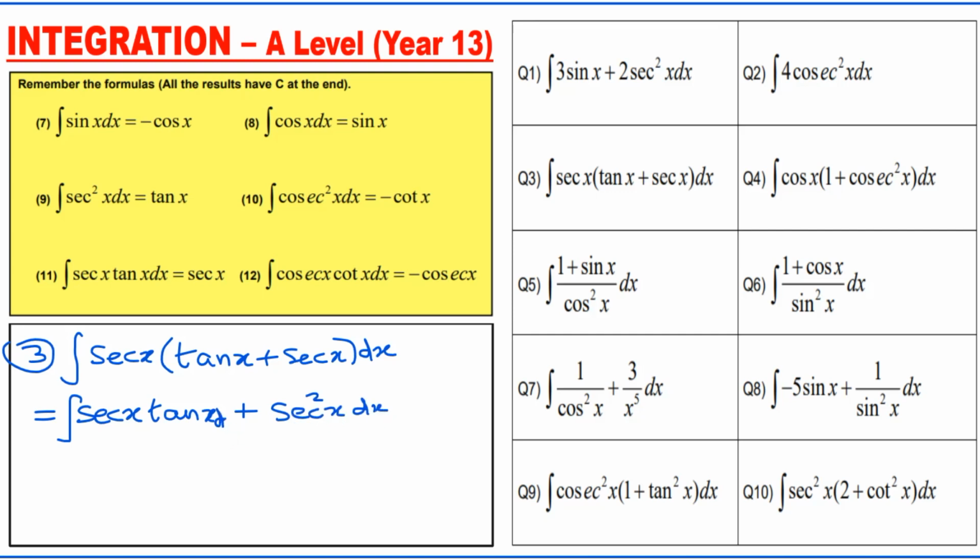So integrating sec x tan x gives sec x, plus integration of sec squared x is tan x plus c. And that is the answer.